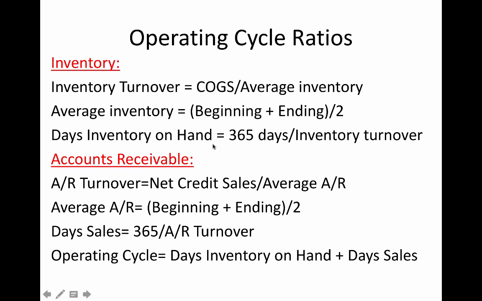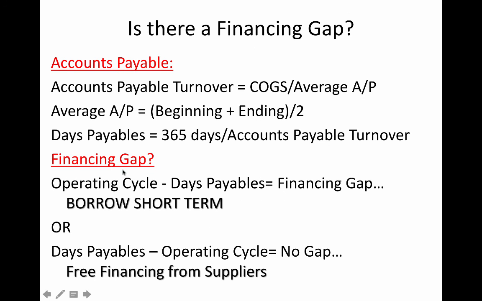The last thing I want to remind you of is we talked about operating cycle, and if there was a financing gap, and this is to refresh your memory about days inventory and days receivables, and that the operating cycle was the days inventory on hand plus the days receivables minus the accounts payable.